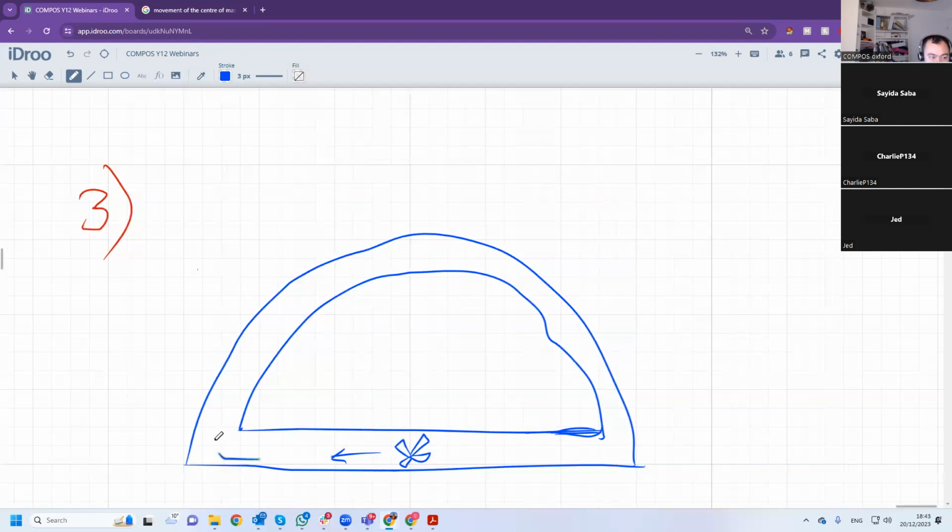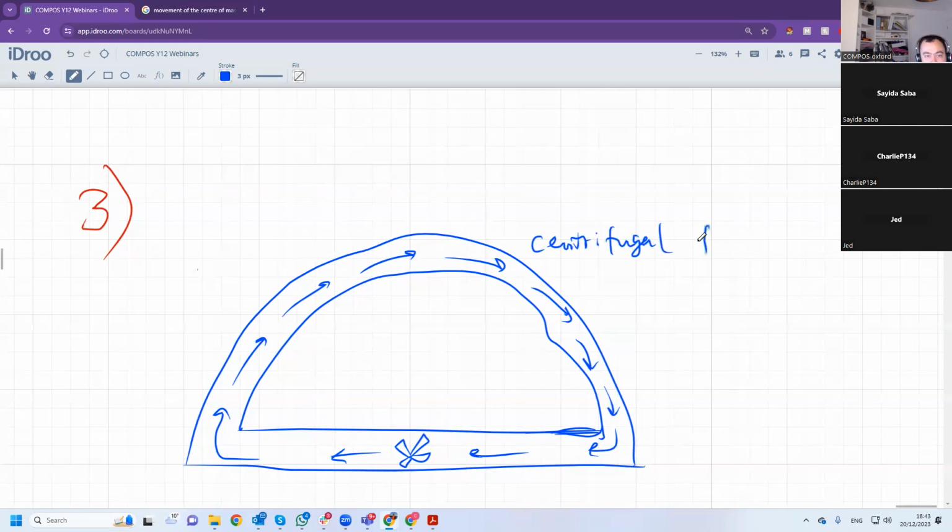The water goes here, and because it is following a curved path, there's a centrifugal force acting on the water. So centrifugal force from the water.